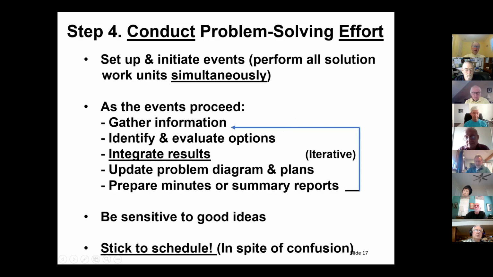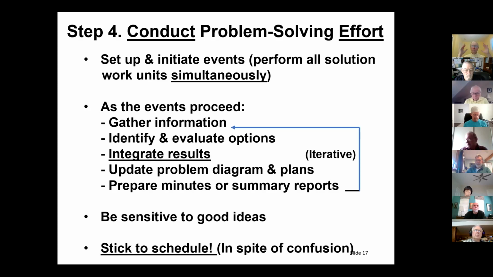One thing we found is that there can be considerable confusion in this process. When you start everything simultaneously, you start to get all these results and you say, all right, let's integrate them. Well, that's not something you can do instantaneously. It's mind-boggling. So you grab what you can, you pull together what you can, and then you iterate, and you can pull together a little more, a little further.